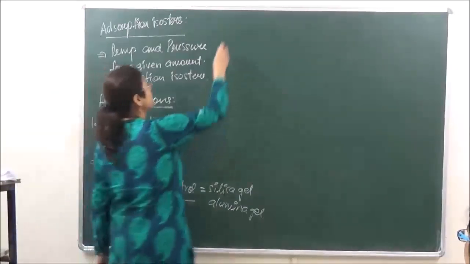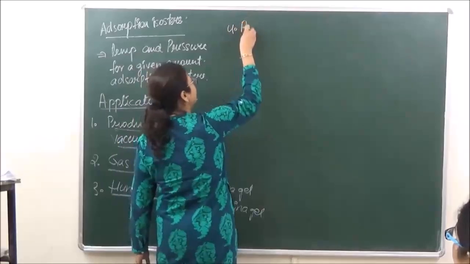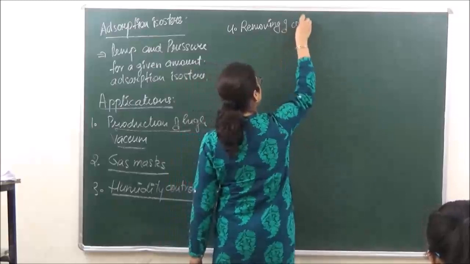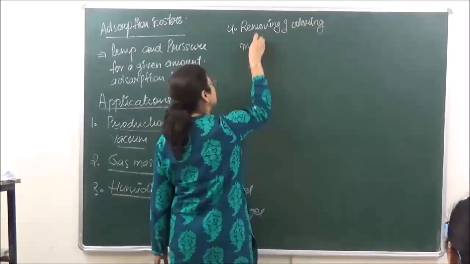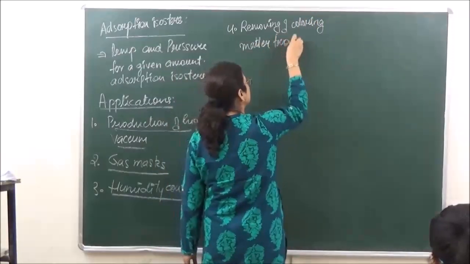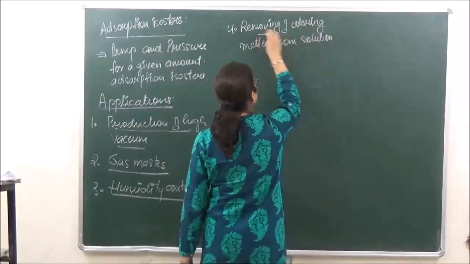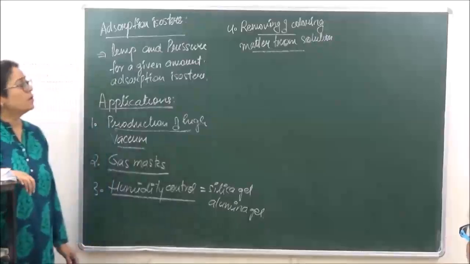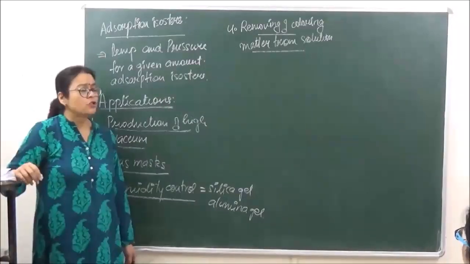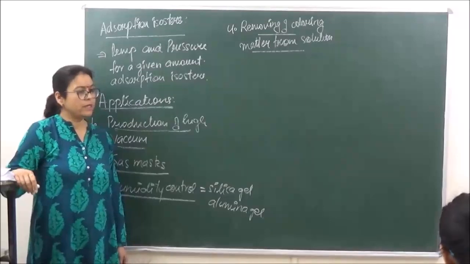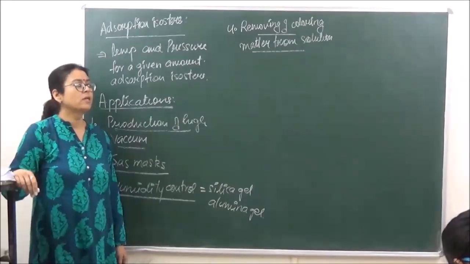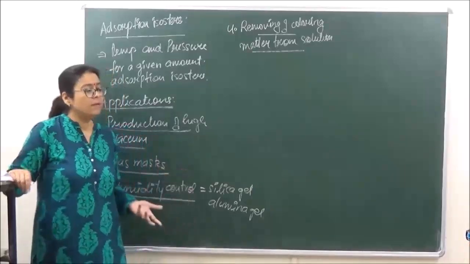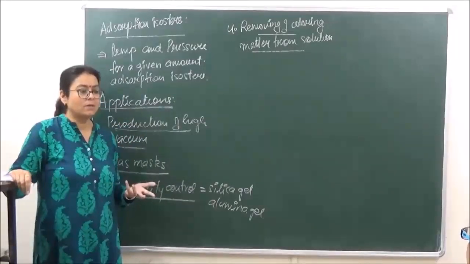Then fourth is removal of coloring matter from solutions. Now, sugar, we know, is formed from sugar cane. But the sugar crystals which we eat or which are available in the market are white in color.